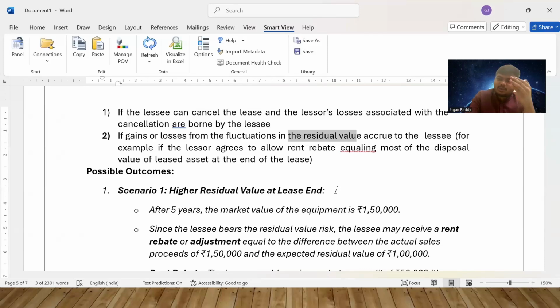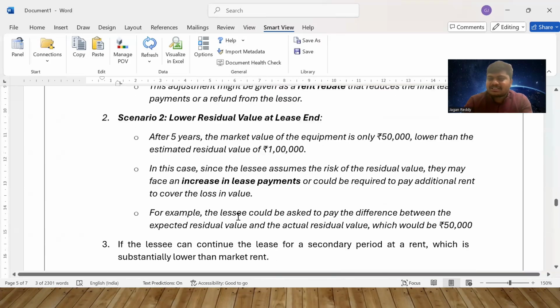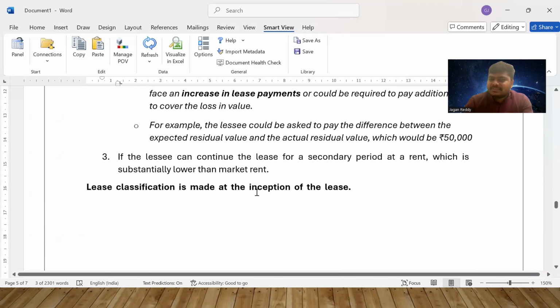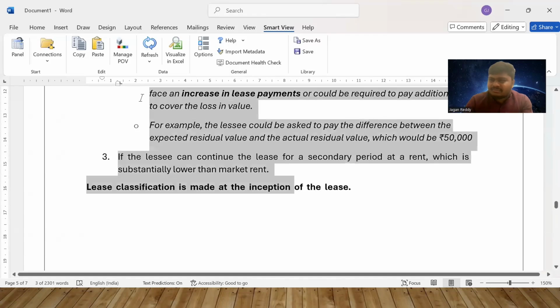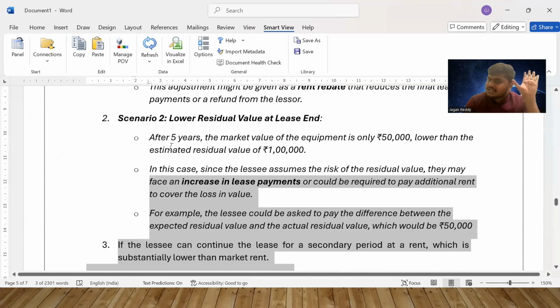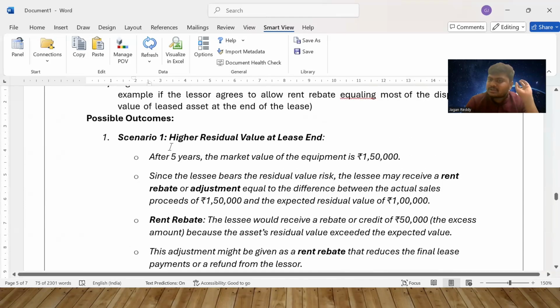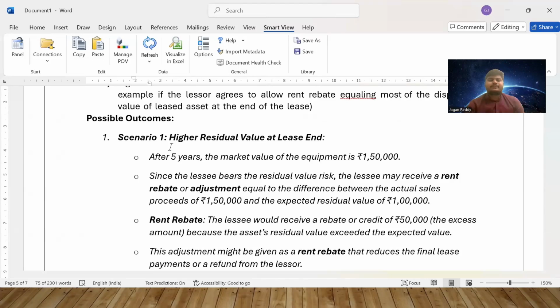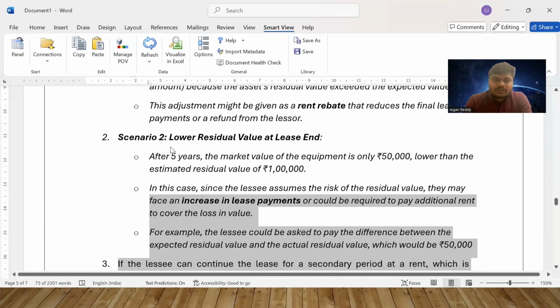However, if it goes to 1 lakh rupees, the lessee has to pay the extra 50,000 in addition to the lease rentals. So even if all these three conditions are satisfied, we cannot consider it an operating lease or finance lease. The first five conditions are more important for MCQ purposes, for classifying whether it is a finance lease or an operating lease.